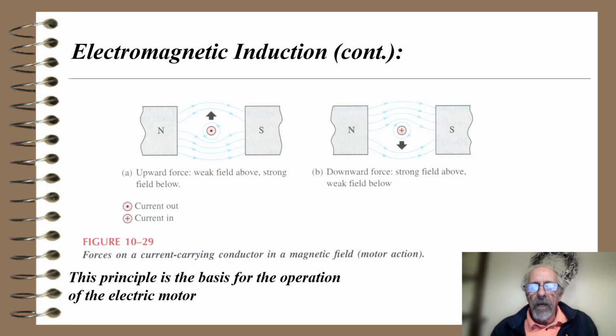On B, I have a cross, which means the current's coming out of the slide, or towards you, the observer. And notice what happens. There's a downward force. So this principle is the basis for the operation of an electric motor. We pass a current through a wire, and we have permanent magnets, and we can cause the wire to move. And of course, the wire is wound on an armature that can rotate.